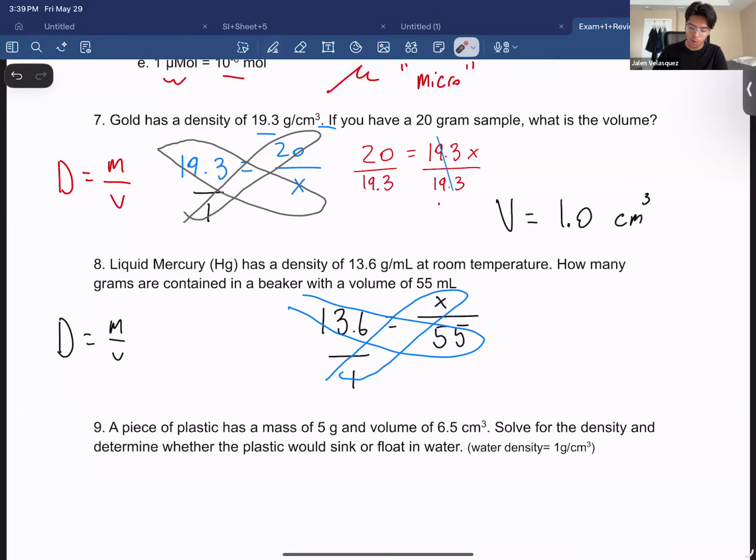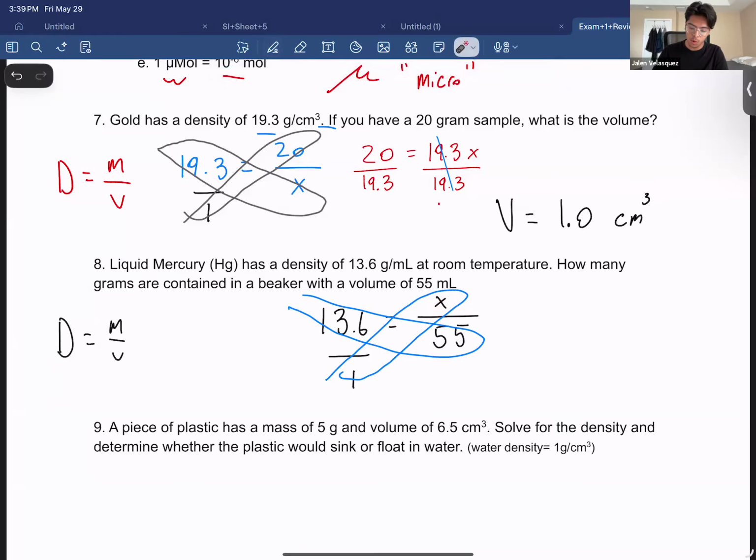It's the density multiplied by the volume, right? So you do 13.6 times 55, right? 13.6 times 55. And what do you get for that? You get 748, right?